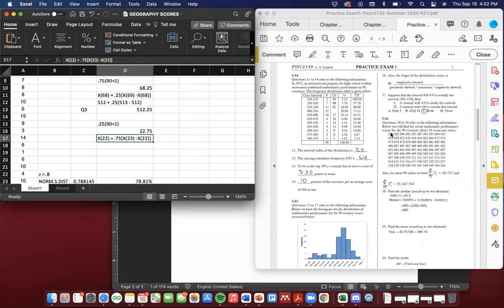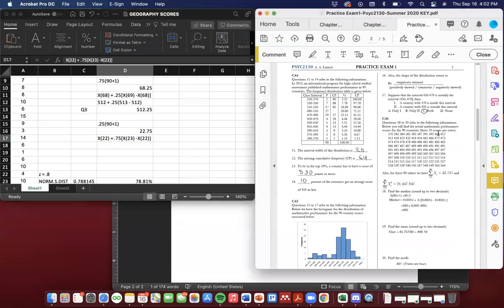So the 22nd. 10, 20, 21, 22. This is 22 and 23.